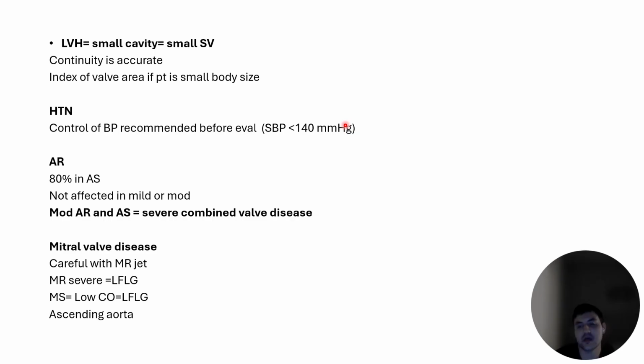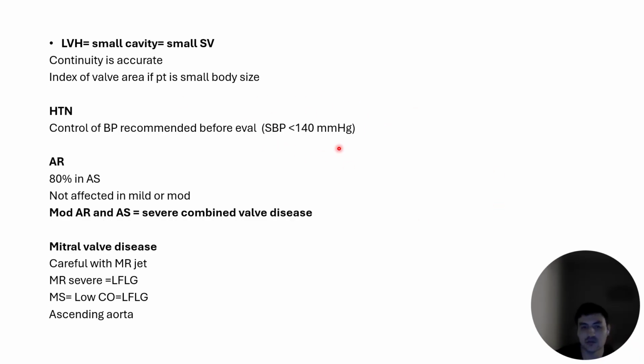Hypertension: never, never, never evaluate the aortic valve when the blood pressure is more than 140. The systolic blood pressure has to be less than 140 for the data to be accurate, for the measurement to be accurate. So if you have severe aortic stenosis and a blood pressure more than 140, and the aortic valve area is less than 1, but the velocity is not that high, we measure again when the blood pressure is normal.